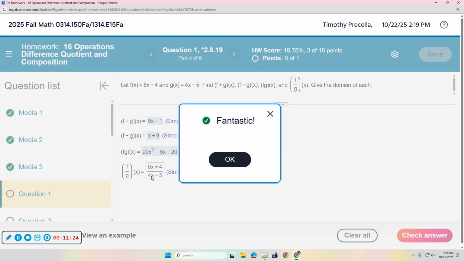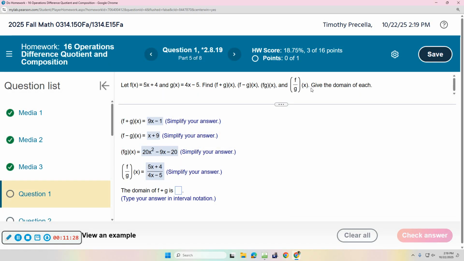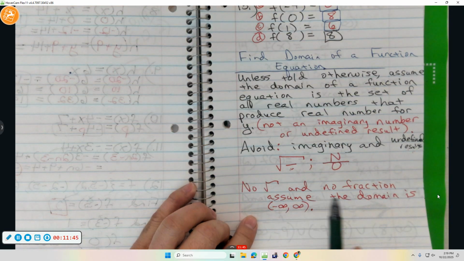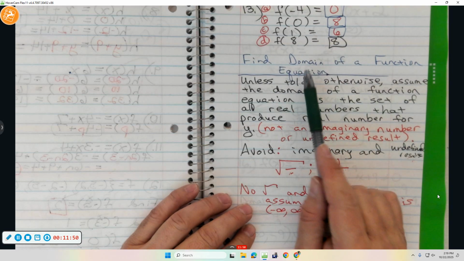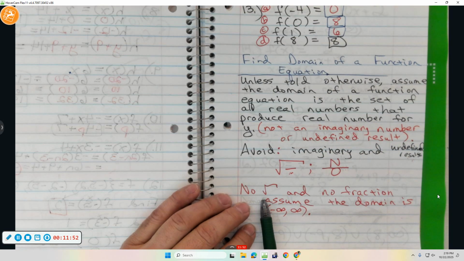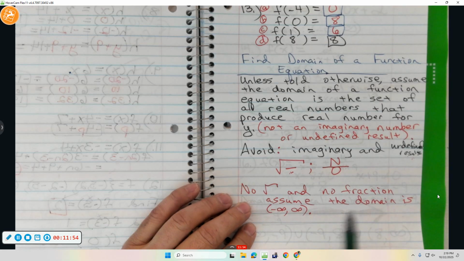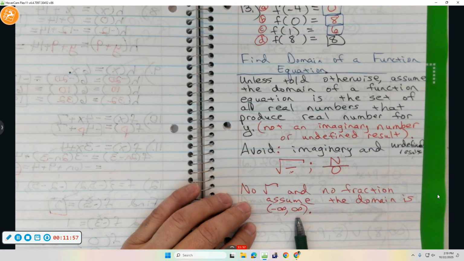But we're not through with this problem because there are other instructions as well. Notice they want you to give the domain of each. I was going to review this beforehand, but Tim seemed to be eager for me to get started. Remember when we discussed functions for the first time, we said to find the domain of a function when it's written as an equation, if there's no square roots and no fraction, the domain is negative infinity to infinity.